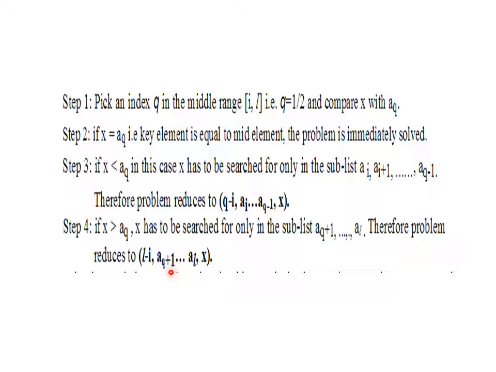We need to search these four numbers, whether any one of these numbers is equal to the search item. So this is the way or steps how we can apply the binary search algorithm.